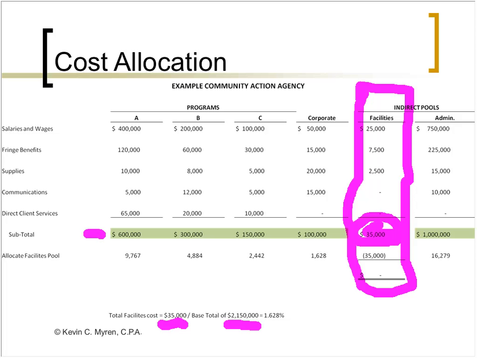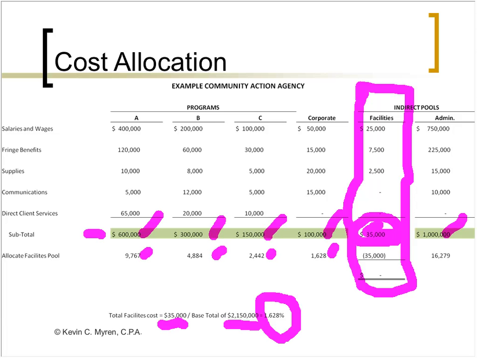And that, if we work out the math, gives us a percentage of 1.628%. So to allocate out those expenses, we're going to take 1.628% of each of our charges to date, and we're going to add in what the allocated facilities charges is on the next line.